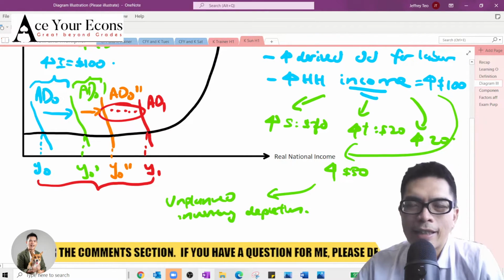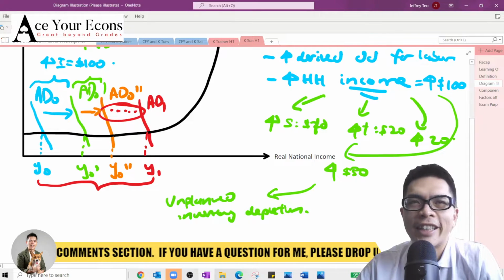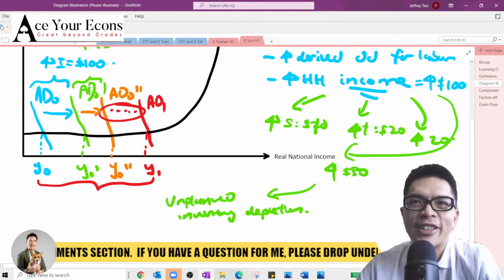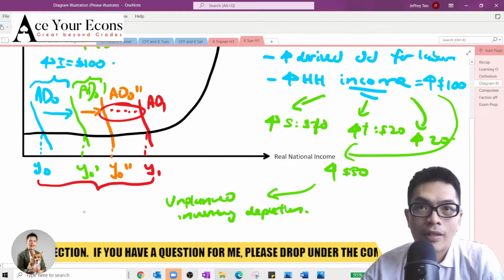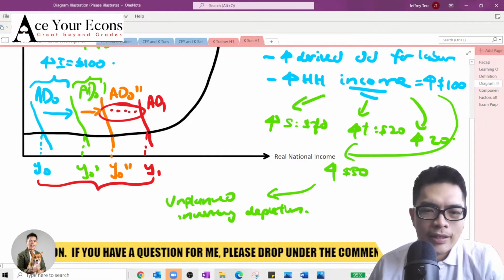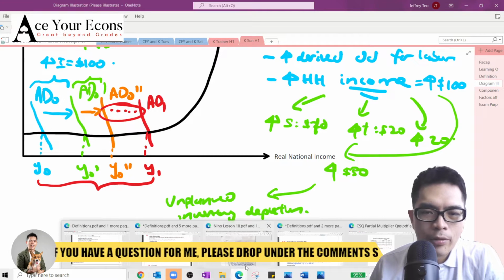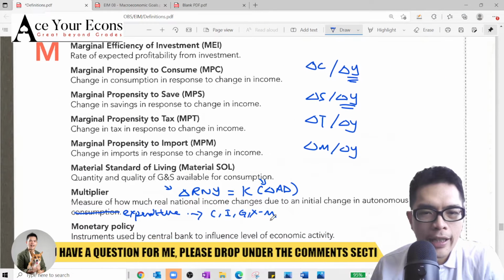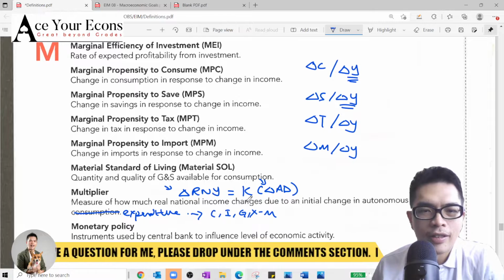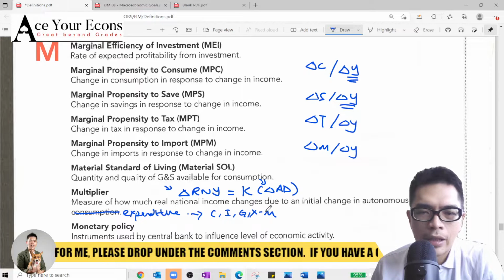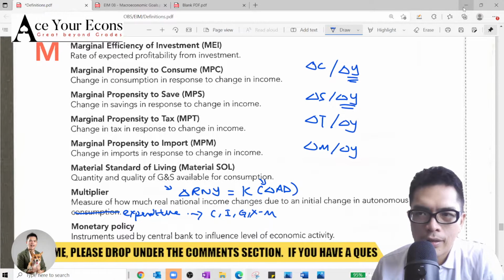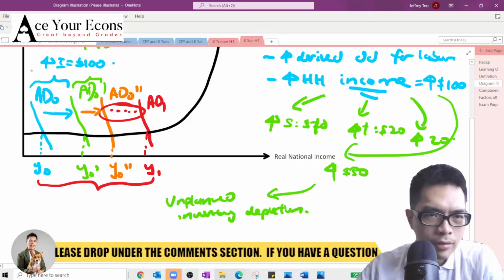If you have listened carefully, you should have gotten the answer at the definition page. Let me walk you all down memory lane again. Remember this expression? Your change in real national income is equal to the size of your multiplier times the initial spending, right? So can we use that here?